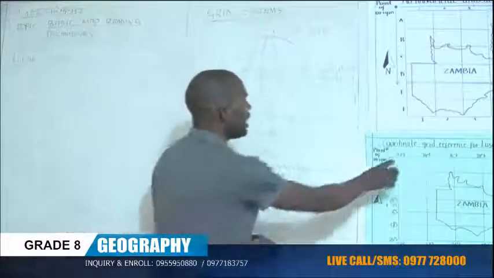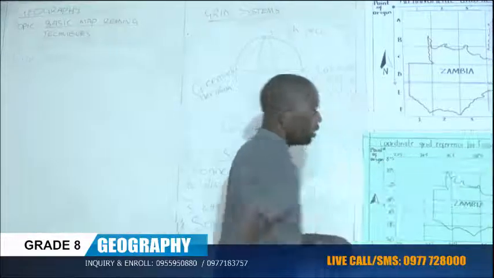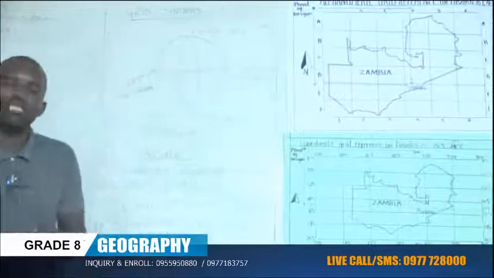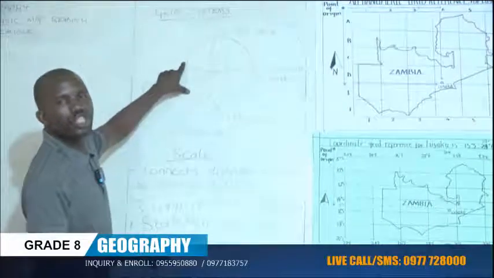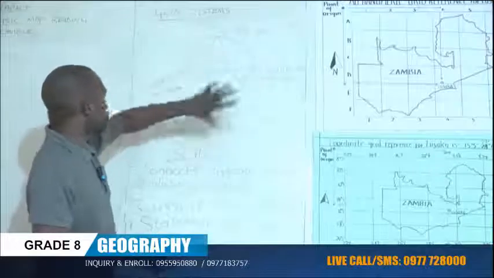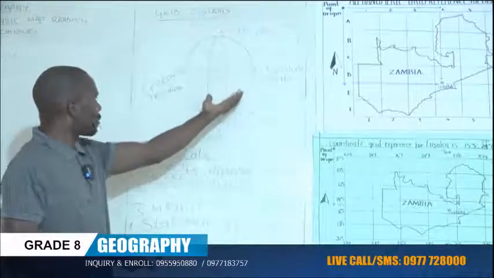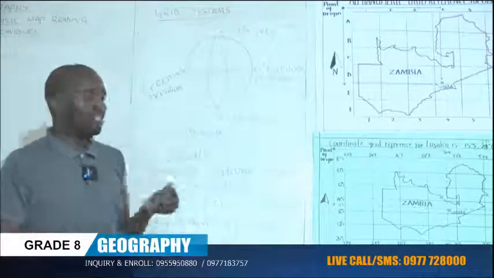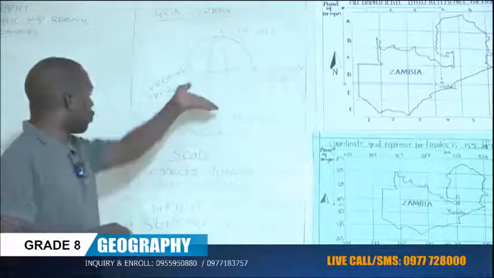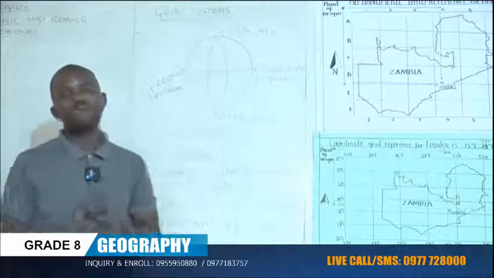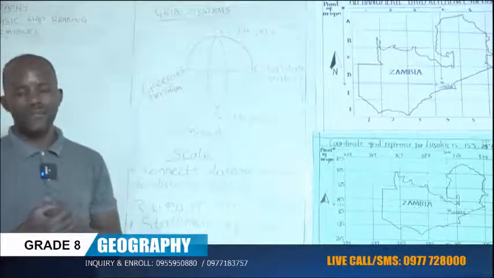Whereas, if you see the E, the east, the ones which use the east or the west are the longitudes. That is why I have sketched this small circle, just as a freehand drawing. That is why it doesn't look exactly like that one, but it's almost there. Someone can know to say this is exactly what is taking place.